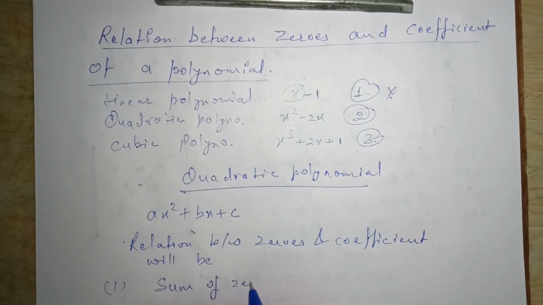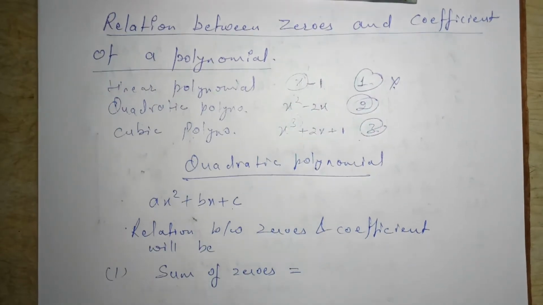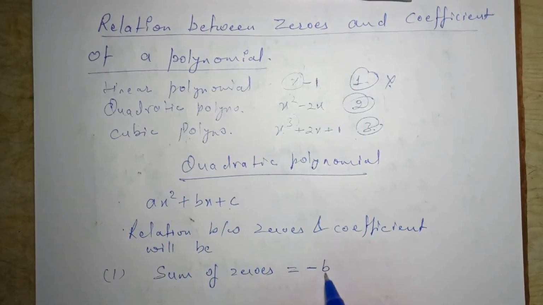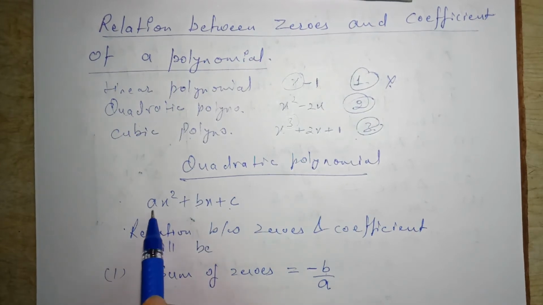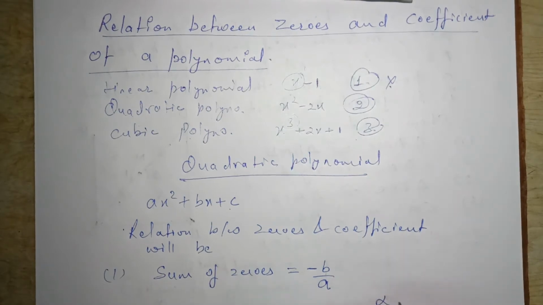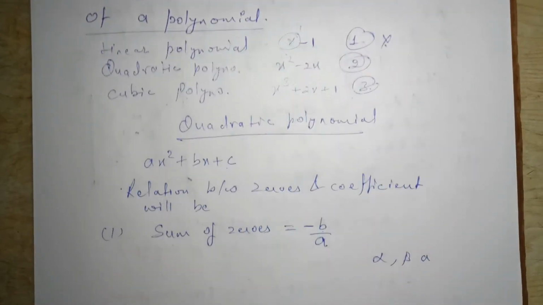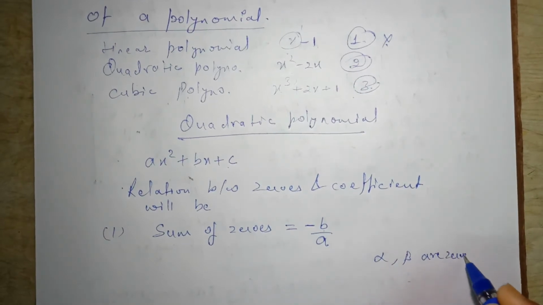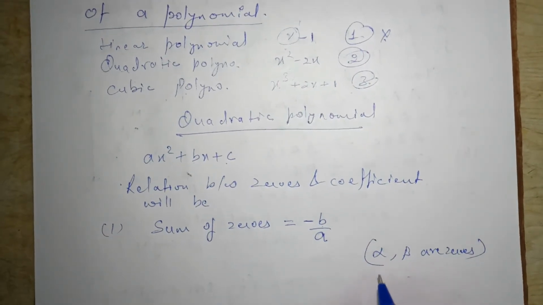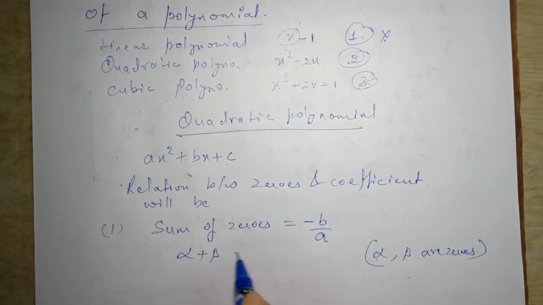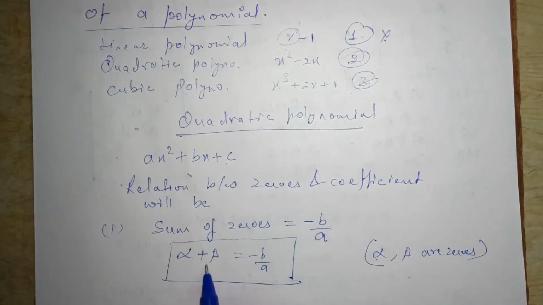Sum of zeros is equal to minus b by a. b is a coefficient, a is also a coefficient. If we suppose alpha and beta are the zeros, any values can be there, we are taking them as alpha and beta, then we can write alpha plus beta is equal to minus b by a. So this is the first relation between zeros and coefficients: alpha plus beta equal to minus b by a.